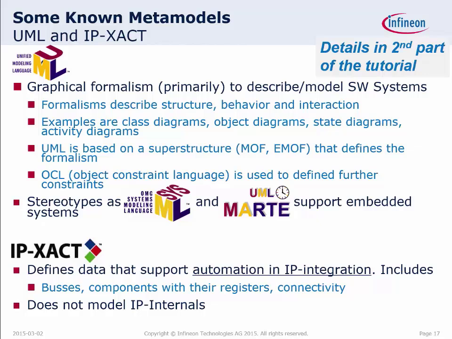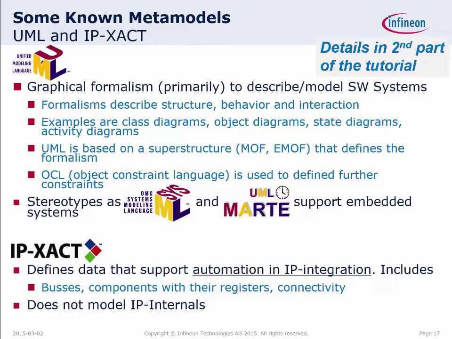So UML does define a lot of different models already. Then I already mentioned this meta-object facility as a core model UML is based on, and the essential meta-object facility, which is a subset compatible with the eCore model of the Eclipse Modeling Framework.